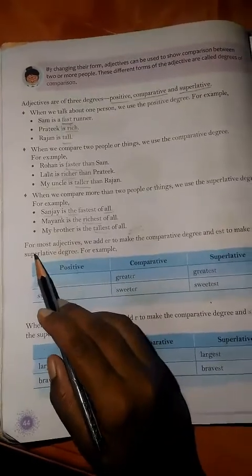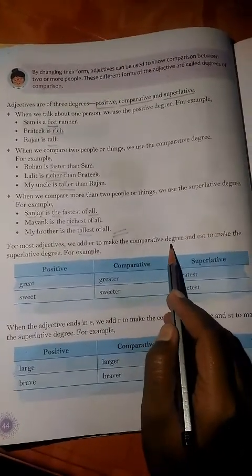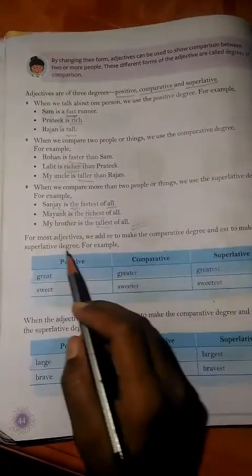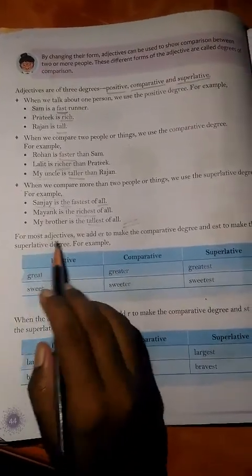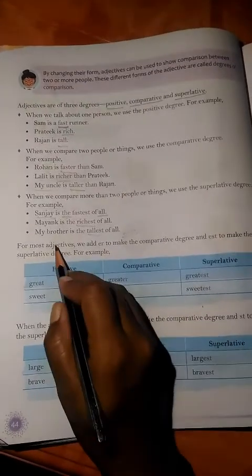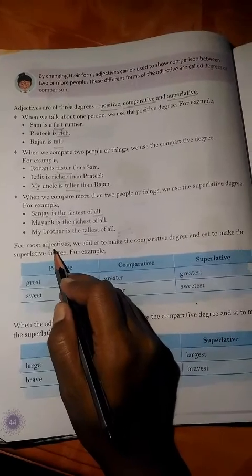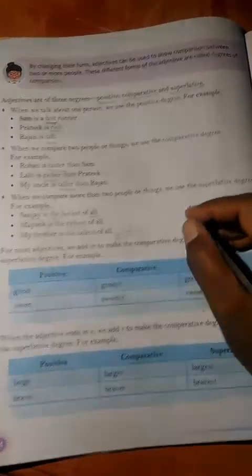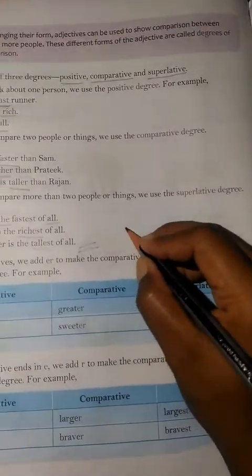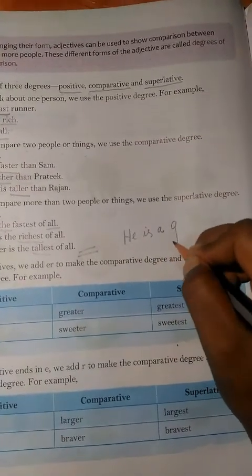See here, for most adjectives, we add ER to make the comparative degree and EST to make the superlative degree. These are all adjectives. Adjective means a word which describes a noun. Suppose I am writing an example here: he is a good boy.